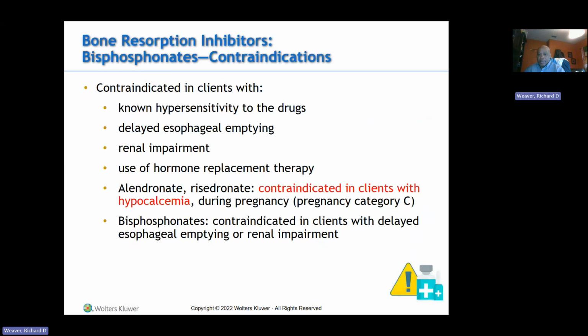So this medication really needs to quickly pass into the stomach in order to be absorbed properly. If someone has delayed esophageal emptying, the pill is likely to remain in the esophagus for too long, leading to inflammation. It can lead to ulcers, as well as even strictures.